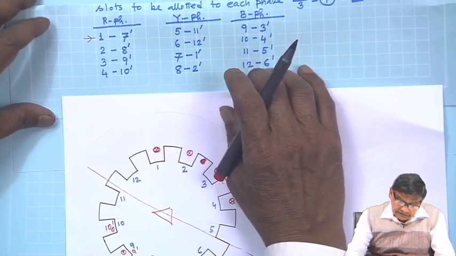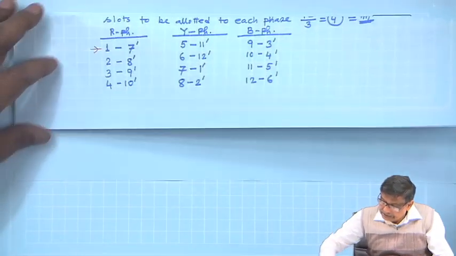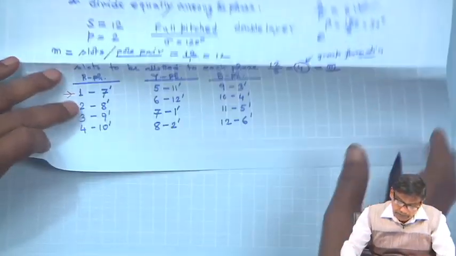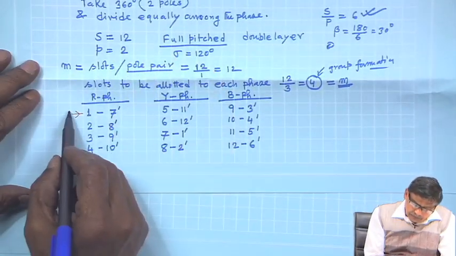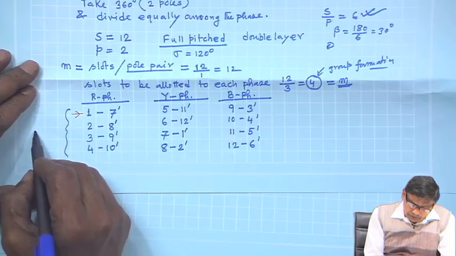So, this is the thing. Then the question is, it must be pointed out that in this case, see, this is 2 poles here.